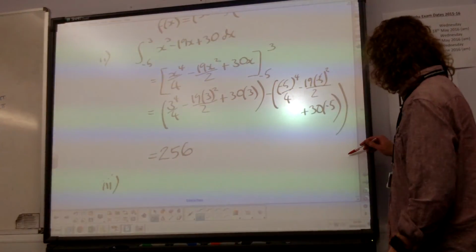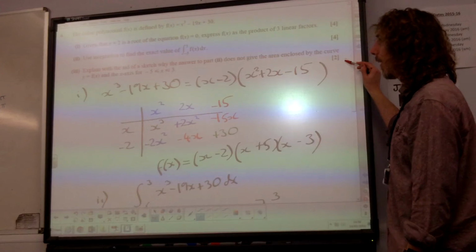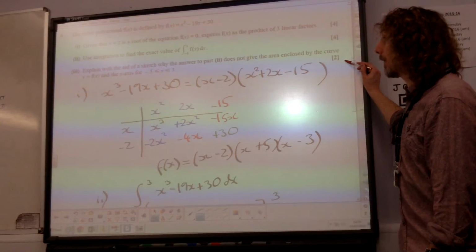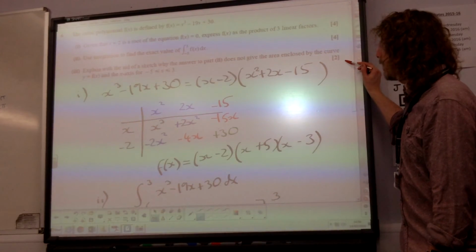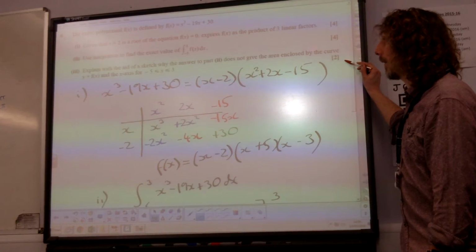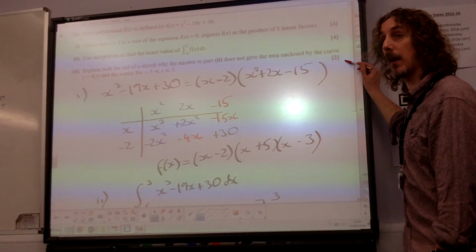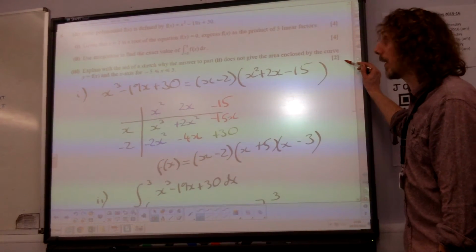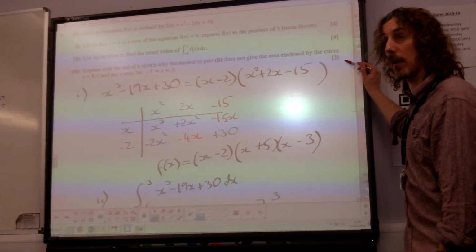Over the page, we were given a little space to sketch it. Part 3 says, explain with the aid of a sketch why the answer to part 2 does not give the area enclosed by the curve and the x-axis between -5 and 3. So we're going to do a sketch of this graph.